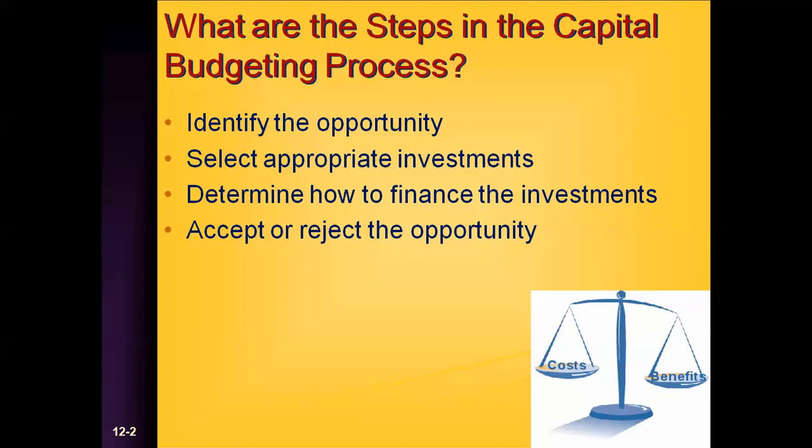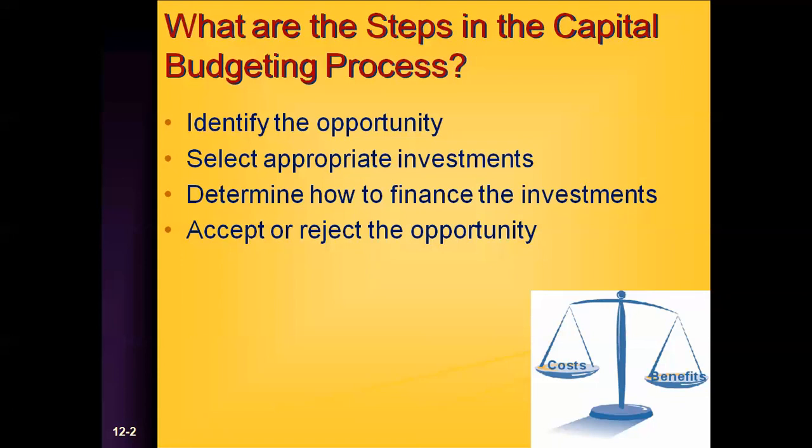In a company, a department may submit a request. That could be a marketing department, or the accounting department asking for a new computer. It may be a unique opportunity that the company identifies. And last but not least, it could be a situation where the company needs to expand. They need to build another plant in order to meet the demand for their particular product. So the first step in the process is the identification of the opportunity.